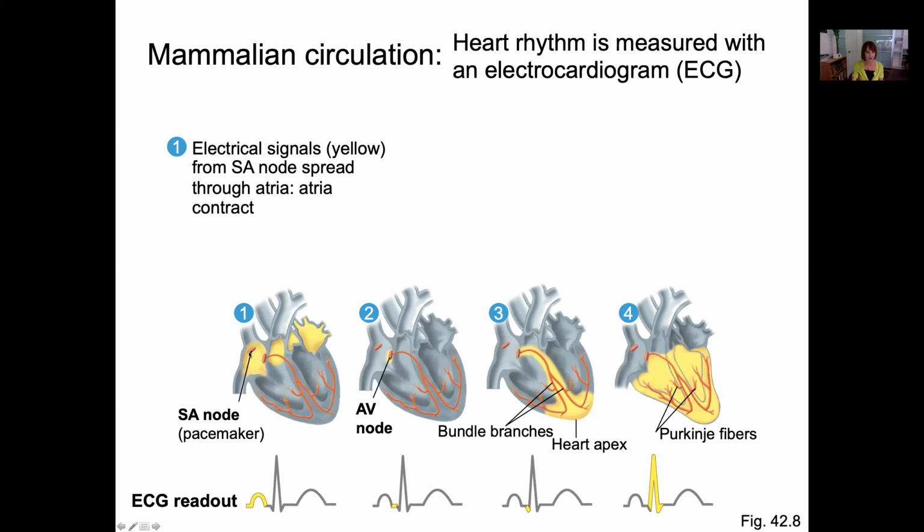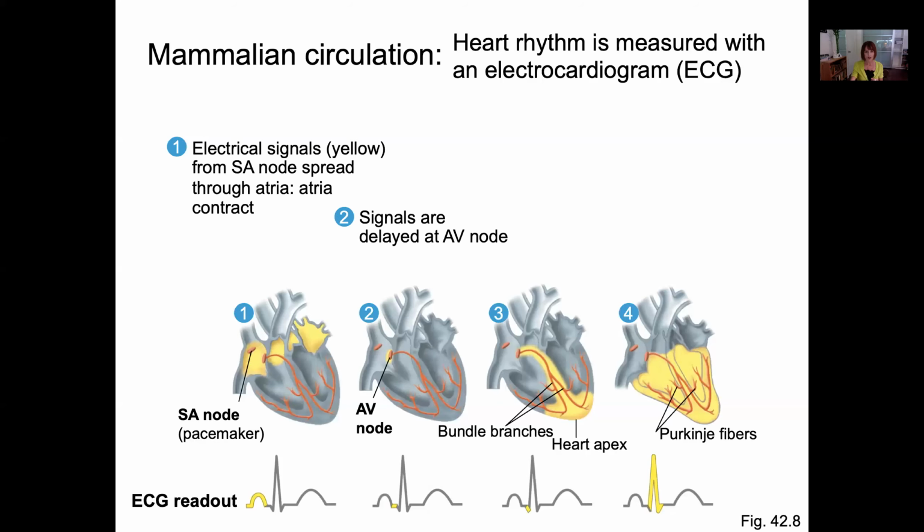All right, so here we go. In this first part of the figure, and in all cases, the electrical signals are represented in yellow. So this is the spreading of the electrical signal from the SA node through the atria, causing the atria on both sides to contract, and this is occurring on both sides of the heart, regardless of the fact that the nodes are just in the right side, right?